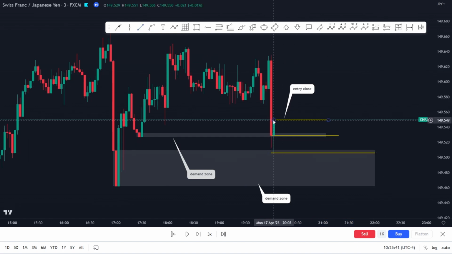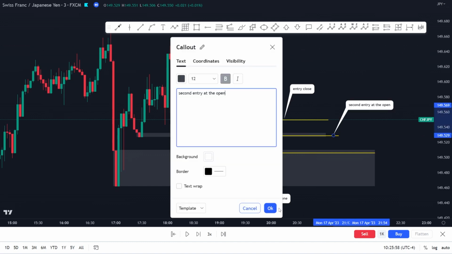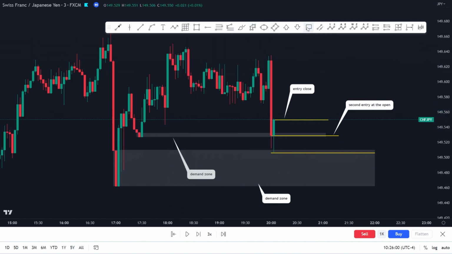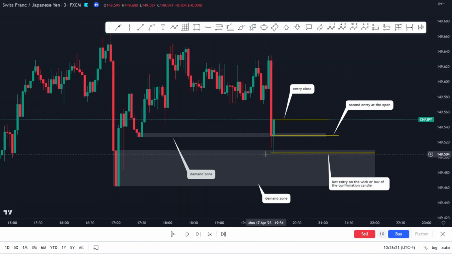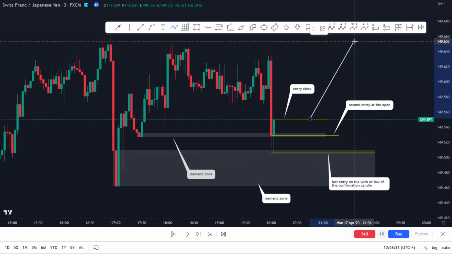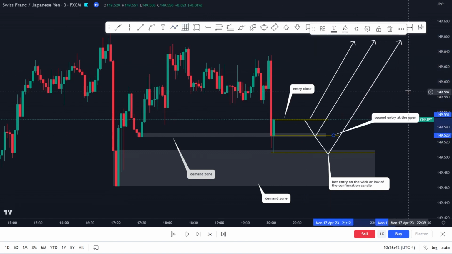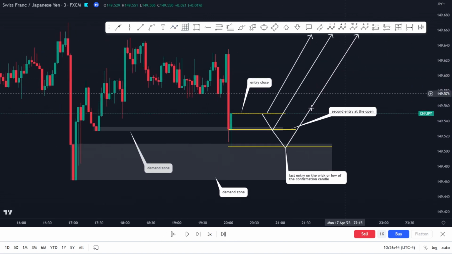This is your first entry at the close, the second entry at the open, and lastly, the last entry at the low, or the wick, of the confirmation candlestick. So your entry will look something like this. This one will just be going up, and then the second one will be here, and then lastly your entry will be here. Okay, this is how you should do it every day.